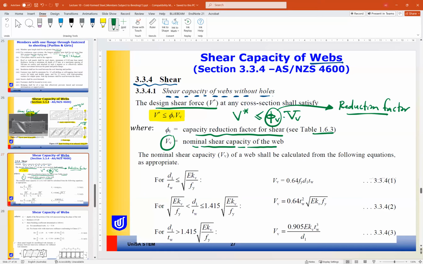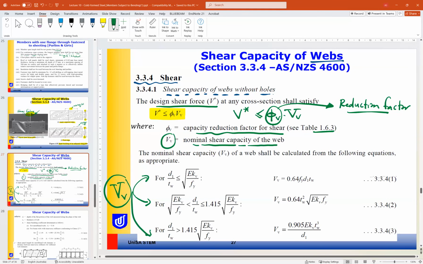VV is the nominal shear capacity of the web. Here it is quite similar to before in the hot rolled steel. We have three cases for VV in this cold formed steel design. To decide which formula to use, we need D1 over TW.